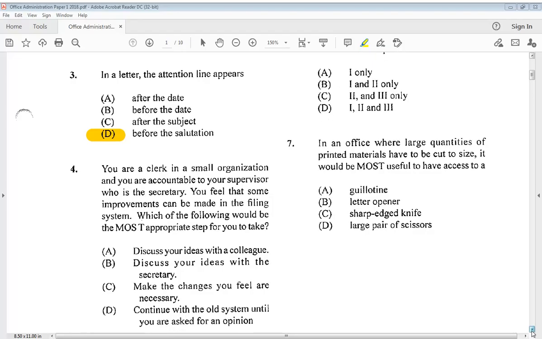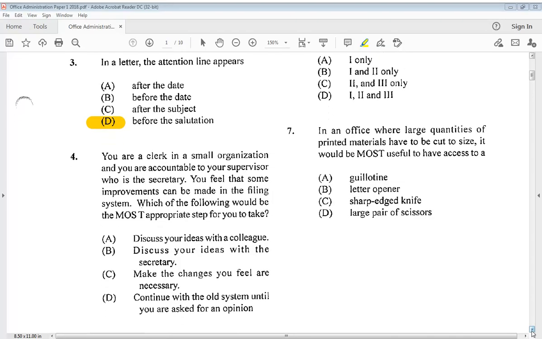Or D. Continue with the older system until you are asked for an opinion. So we know the key point is, you are accountable to your supervisor, who is the secretary. That's a key part in determining your answer. So therefore, we know the answer would be B. Discuss your ideas with the secretary.